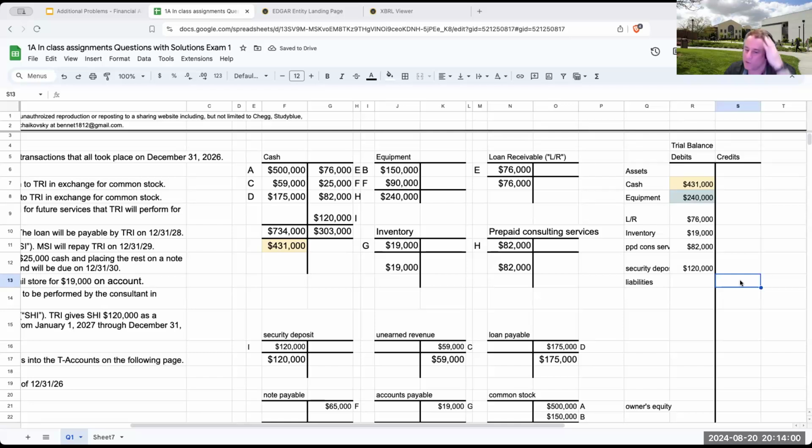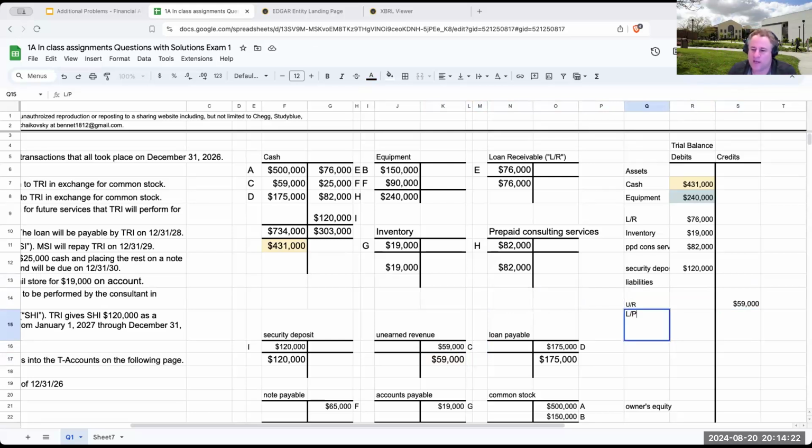Now let's look at our liabilities. Our first one here is unearned revenue, or UR. When we list out assets and liabilities, for the next exam, we're going to be very concerned with how we list them out. But for right now, we're just dumping them out underneath.